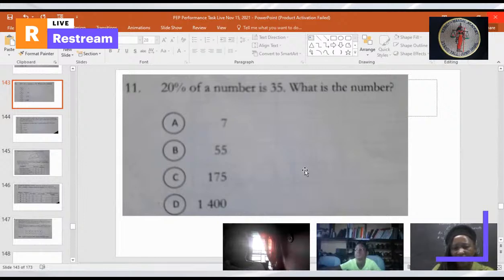But why? Where did the 5 come from to begin with? Well, Miss, I just noticed it was a factor. Okay, but remember, the 20 is not 20 there, it's 20%. The 35 is just the number 35. That 20 is not representing itself as 20, it is representing 20%. So you can't just ask what's a common factor of 20 and 35, because there are two different units there.